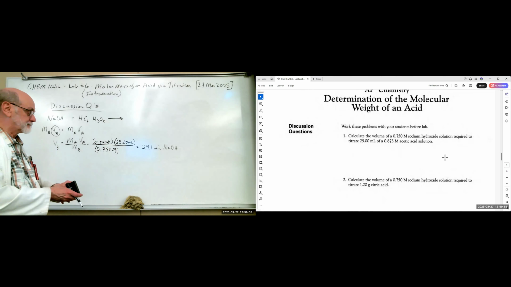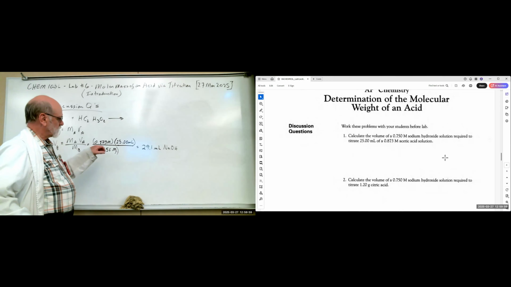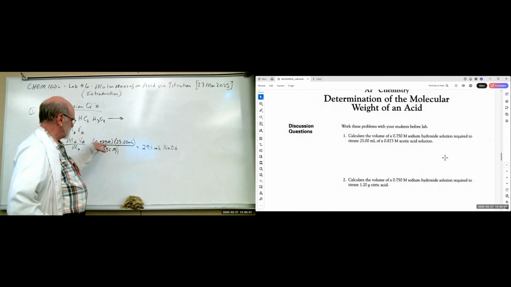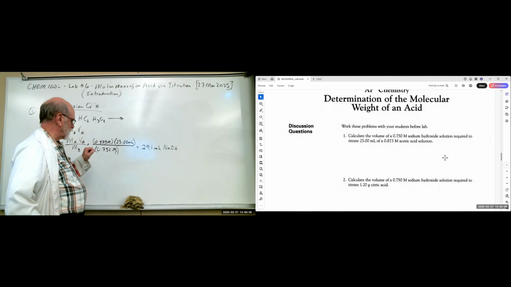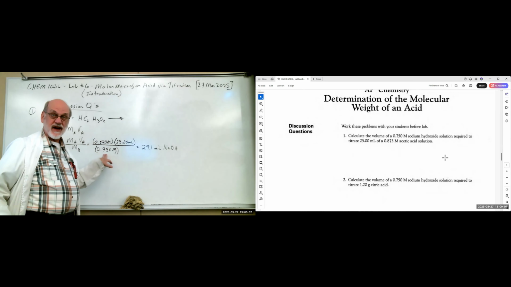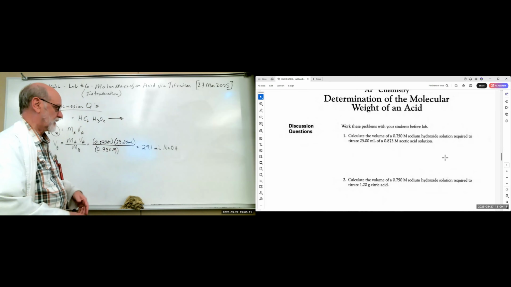Now, does that make sense? Well, 25 milliliters of acid at 0.873 is going to produce a certain number of moles, but if the base is less concentrated, it should take more volume. Yeah, so that makes sense.